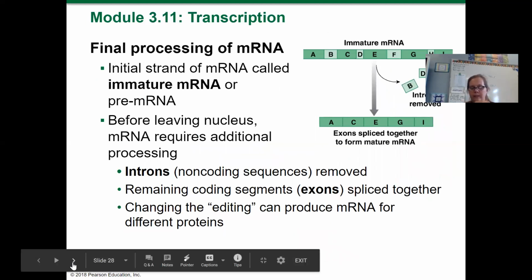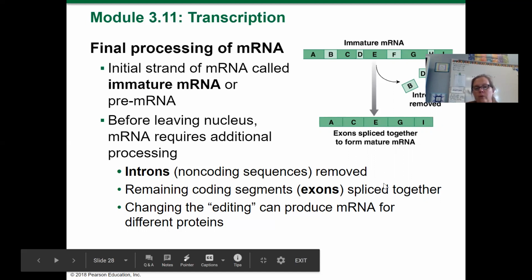So the mRNA that's made during transcription isn't necessarily what goes out of the nucleus. It has to go through some processing, some editing. A lot of textbooks actually call it mRNA editing, and it's a second step in between transcription and translation. So before it leaves the nucleus, it requires some additional processing.